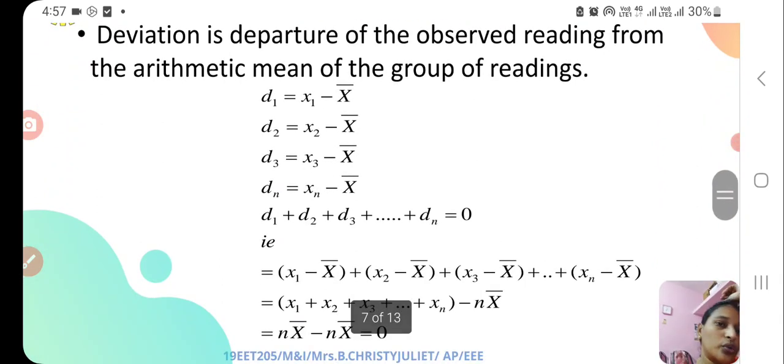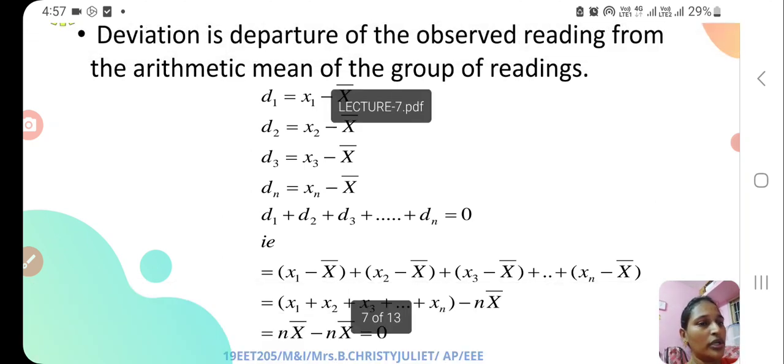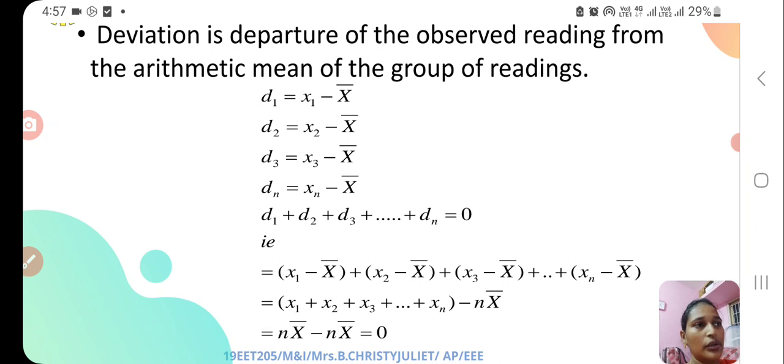Then deviation 2 will be x2 minus the arithmetic mean. So if I take a set of 10 readings and I take the arithmetic mean, and I subtract the arithmetic mean from each sample reading, then I get the deviations. That will show how the equipment responded or how the equipment is functioning.